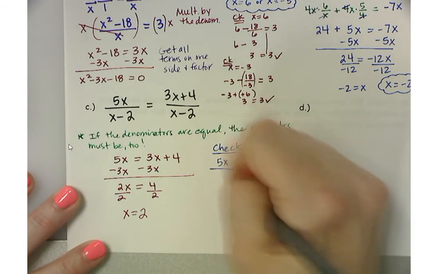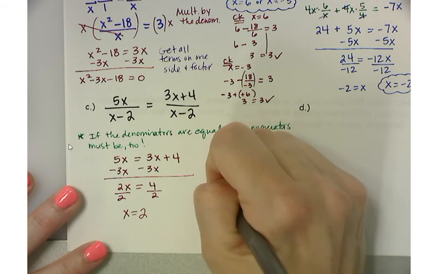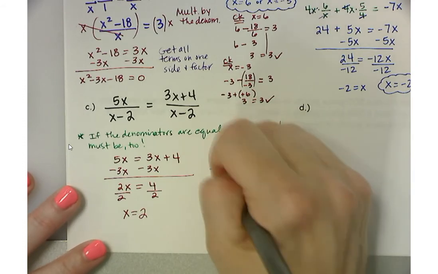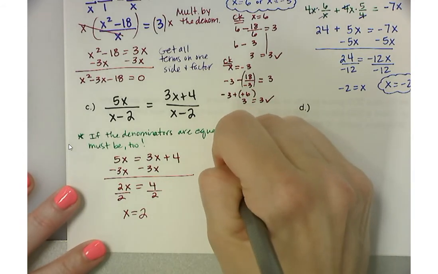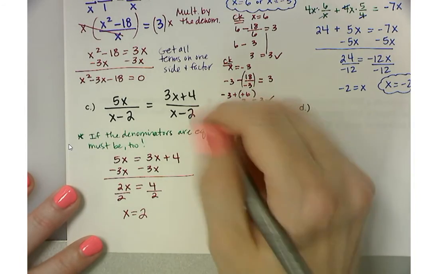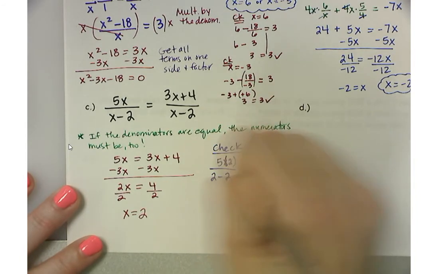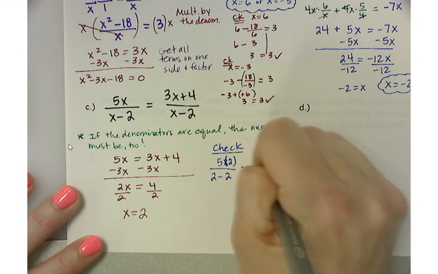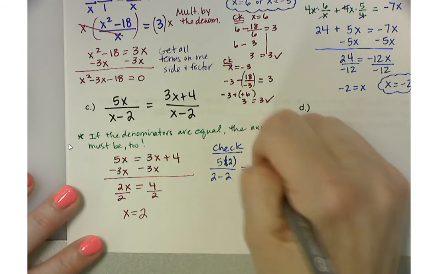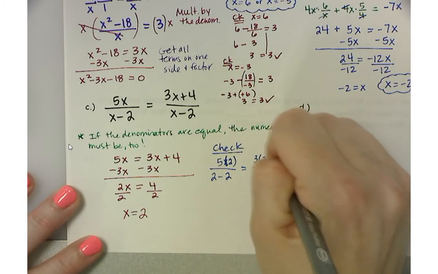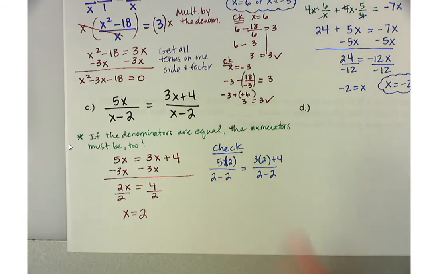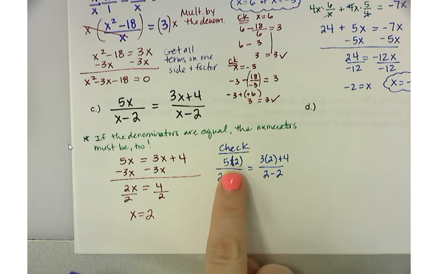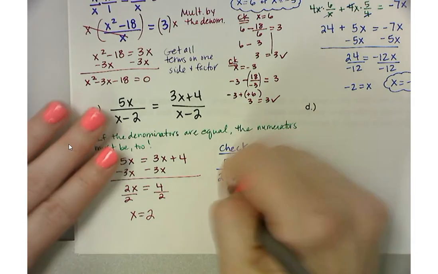Yes, okay, so even though you can see here, 5 times 2 is going to be 10, you are not just going to say, oh yeah, these are both 10 over 0. They work out because they are the same, but the reason why this doesn't check is because you can't have 0 in the denominator.